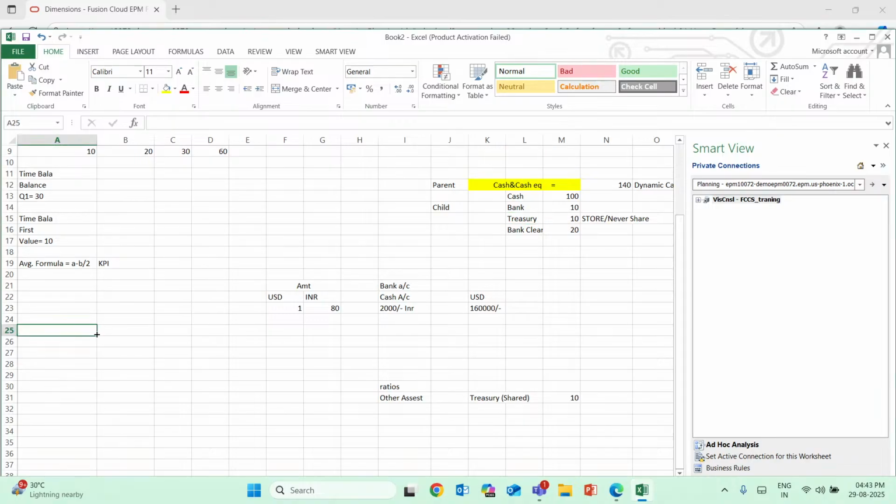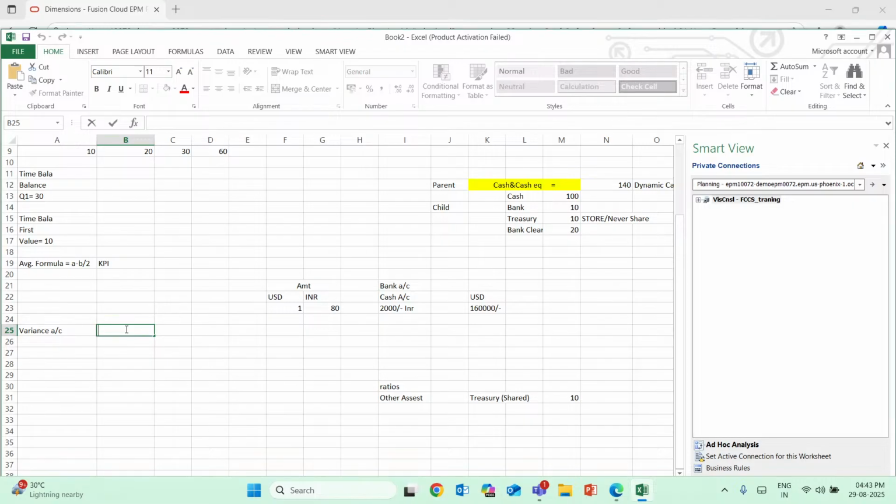This is not for the regular account. Label only is used only for certain cases. Let's suppose I have created a variance account, so we are not going to input any data here, and we are not going to calculate the data on the fly.